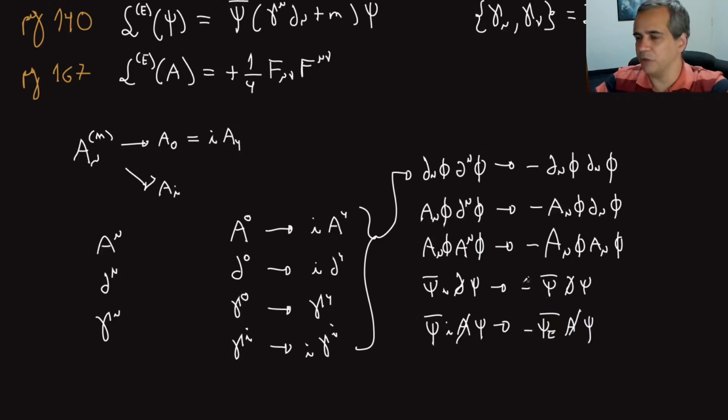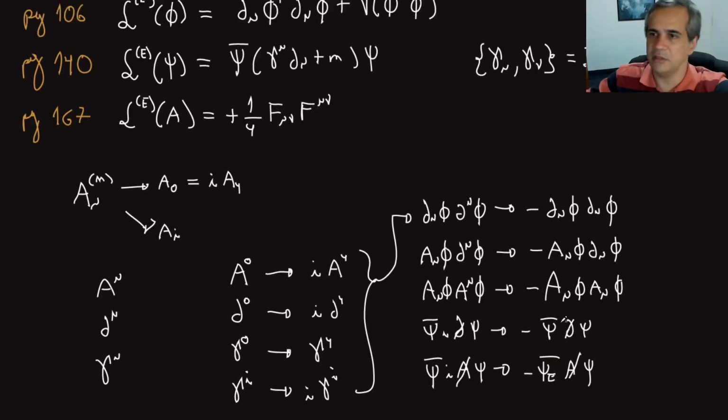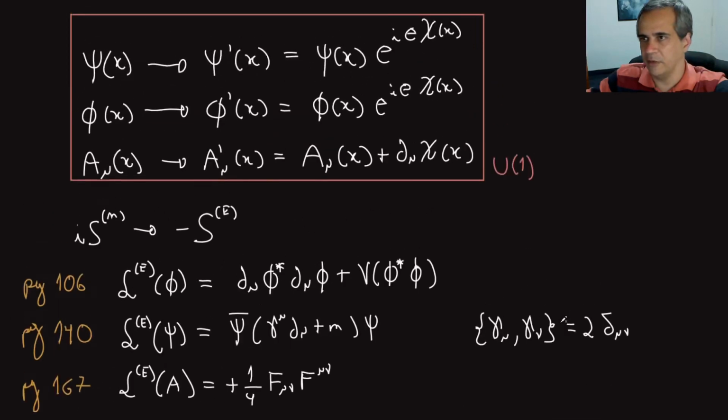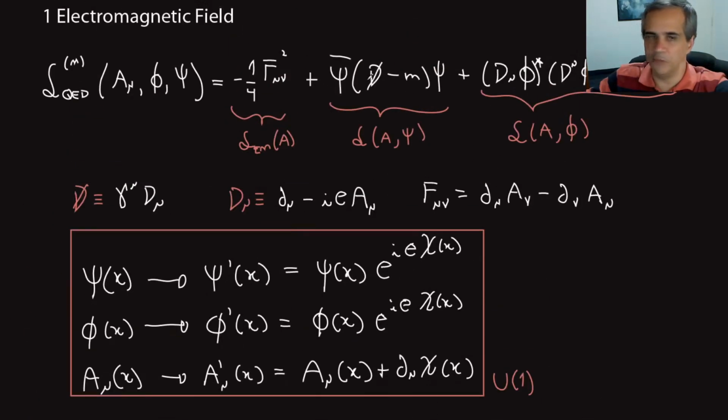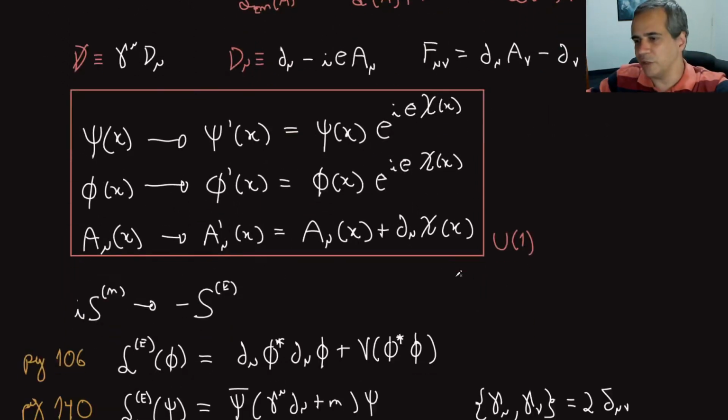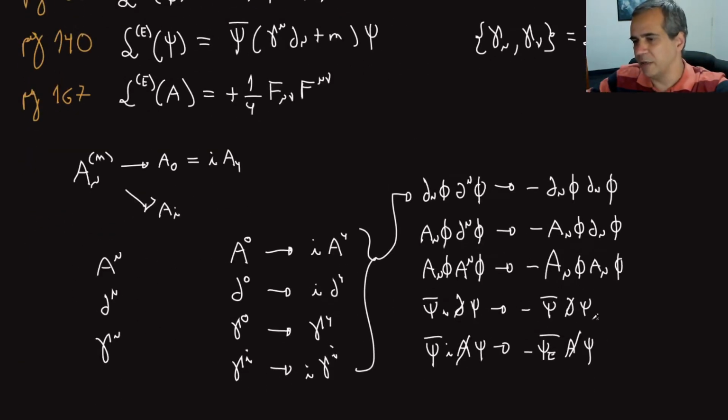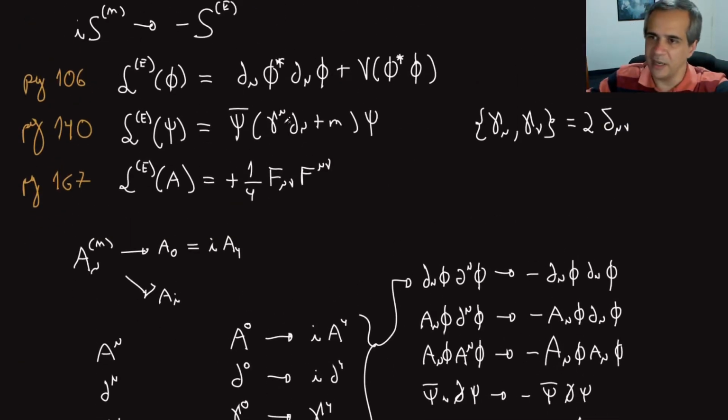Again, that's good because both parts in this kinetic term right here, both the part that involves the derivative and the part that involves the field, change with the same sign, which means, again, I can just put the covariant derivative here.